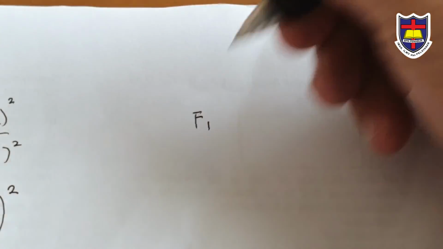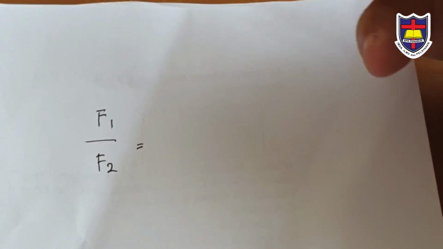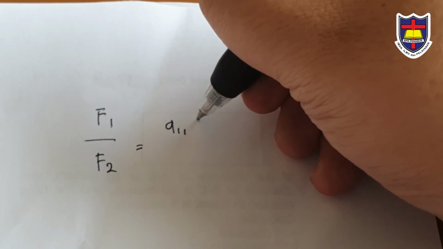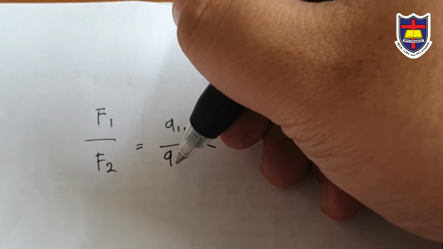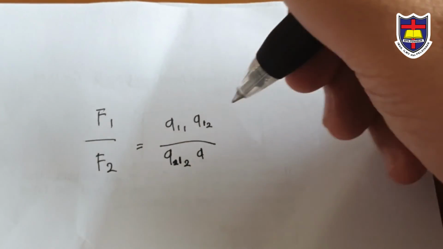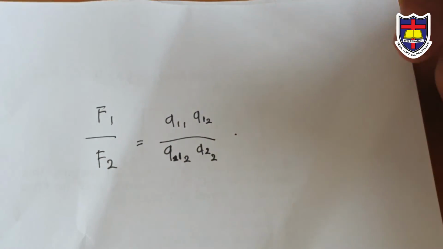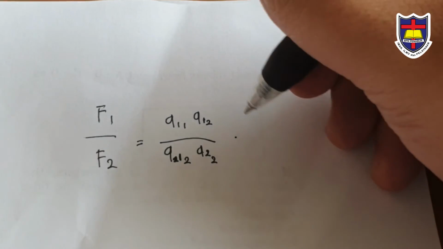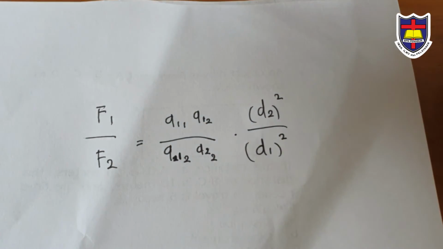Because both are changed, we can write it as F1 over F2 equals first charge in first condition divided by first charge in second condition, times, because the distance is inversely proportional, D2 squared over D1 squared. Okay.